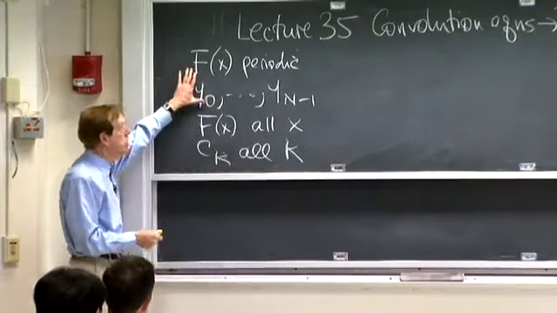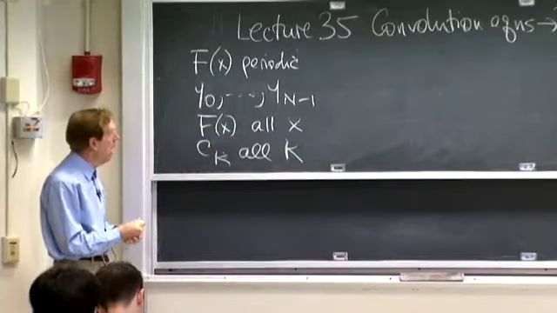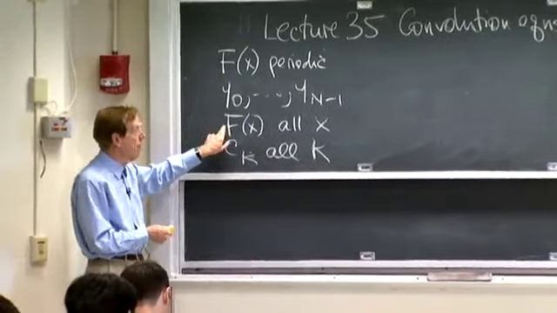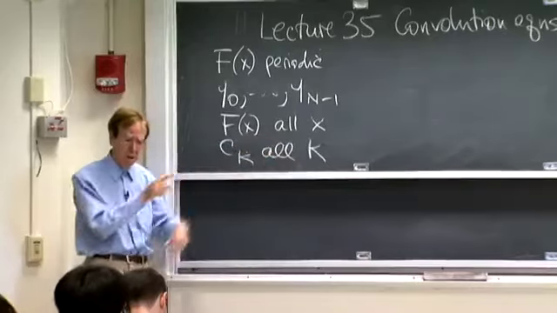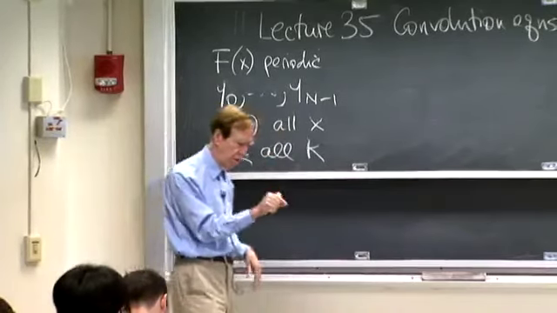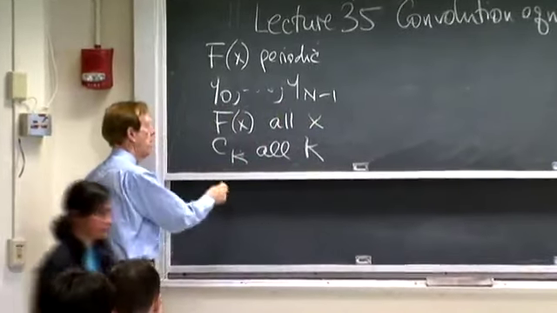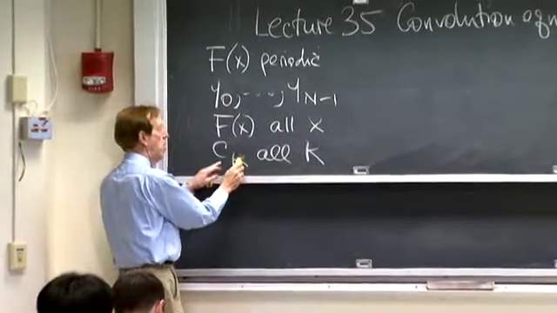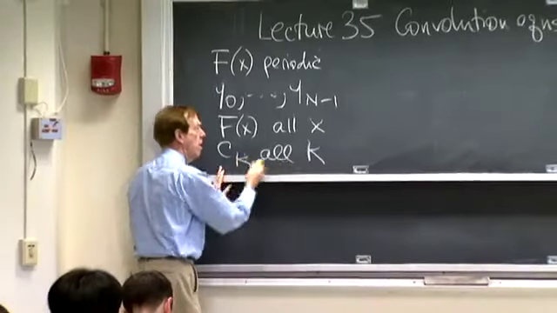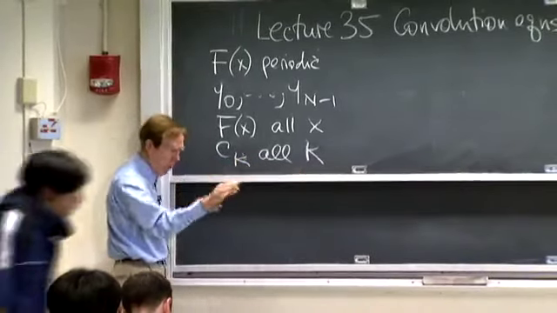So those are the 2 that repeat. This is the f of x. This is all x, so that would be the Fourier integral transform that we did just last week. And this is the discrete all the way.